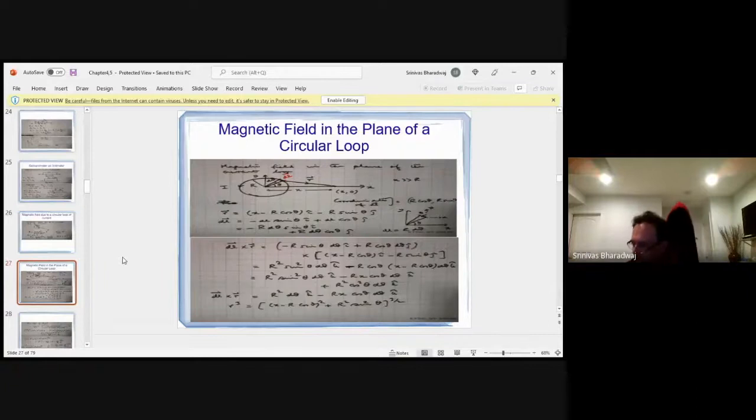Motors run, fans run, a lot of mechanical action takes place through the use of magnetism, through magnetostatics.